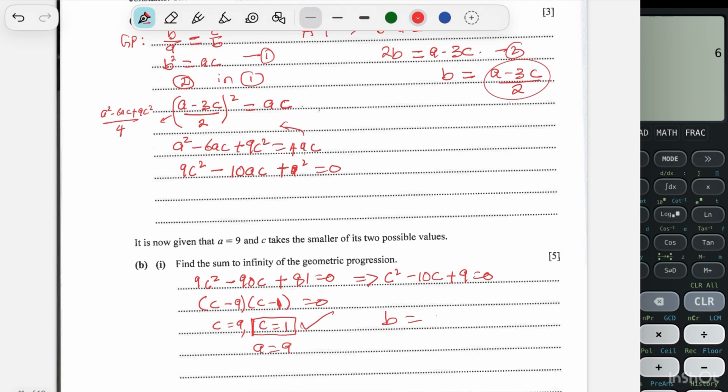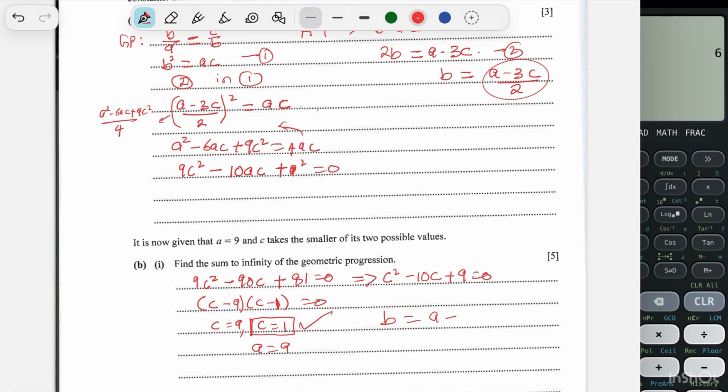So b is (a minus 3c) over 2, so 9 minus 3 times 1, over 2. So my b will be what? 9 minus 3 is 6, and 6 divided by 2 is 3.